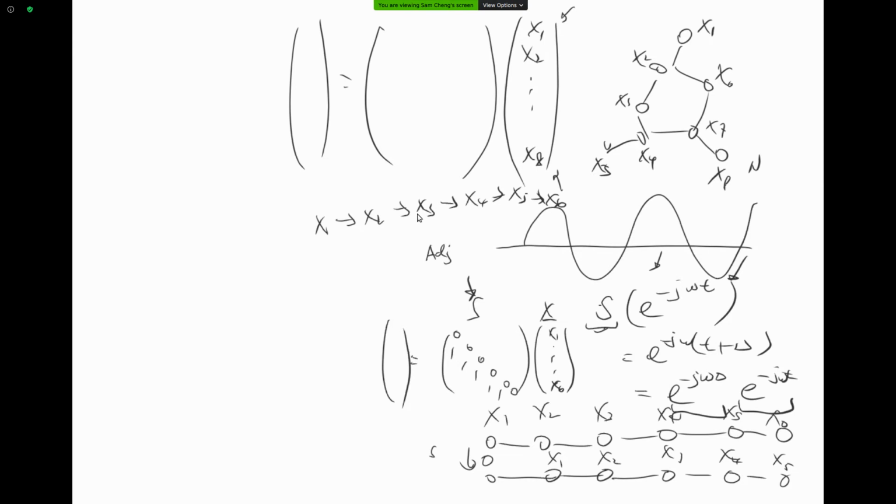So in this sense, people think of extending this to a general graph. Even if I don't have a path graph, and even if I don't have a directed graph, I will still assume that the shift operation is simply the adjacency matrix.